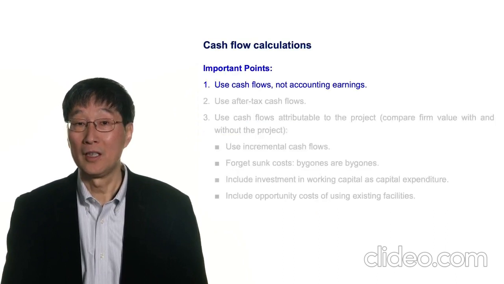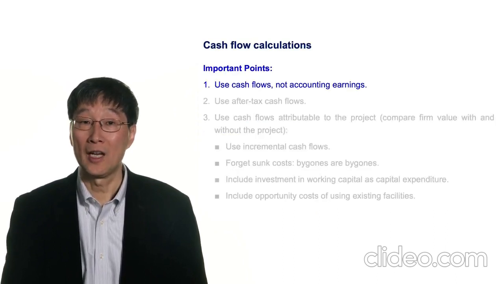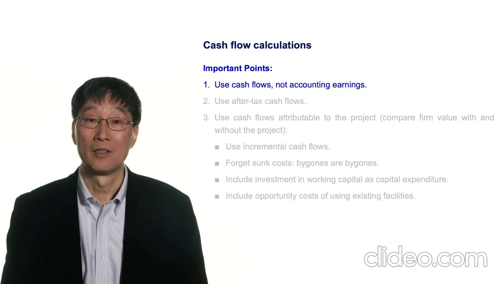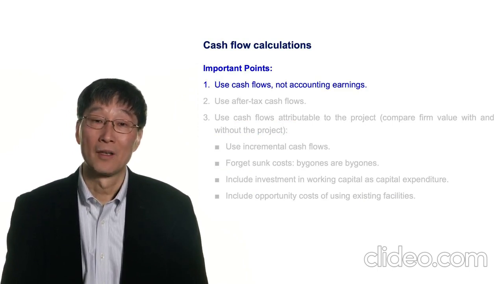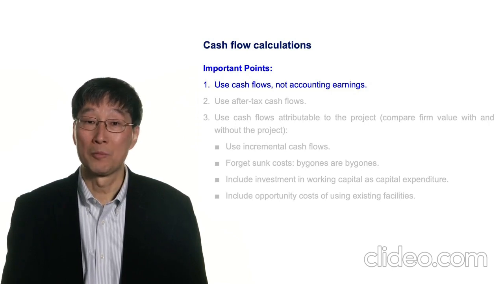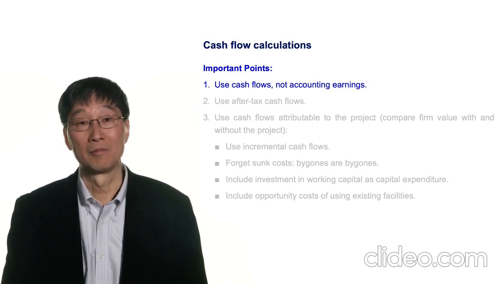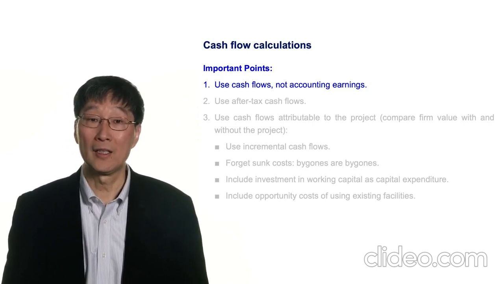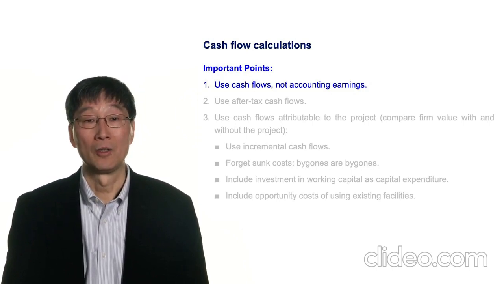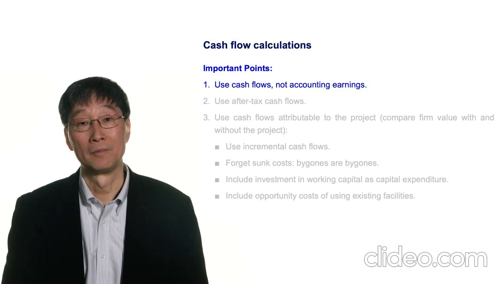Before we get into the details of figuring out the cash flow of a project, several general points are worth mentioning. First, for valuation purposes, we need to use actual cash flows, not accounting earnings. Although we often rely on accounting information to learn about a project's cash flow, we have to do so carefully.